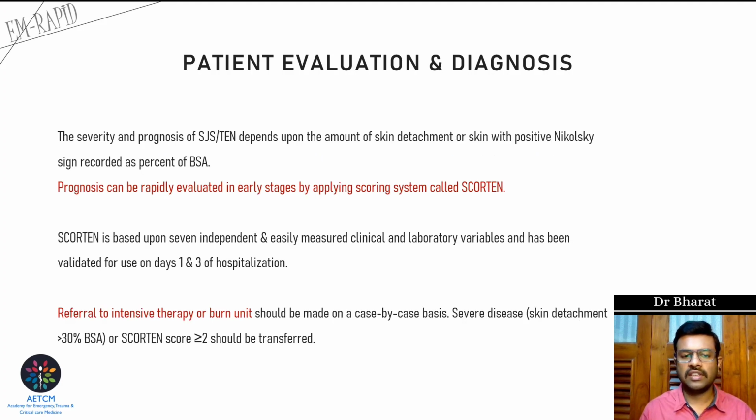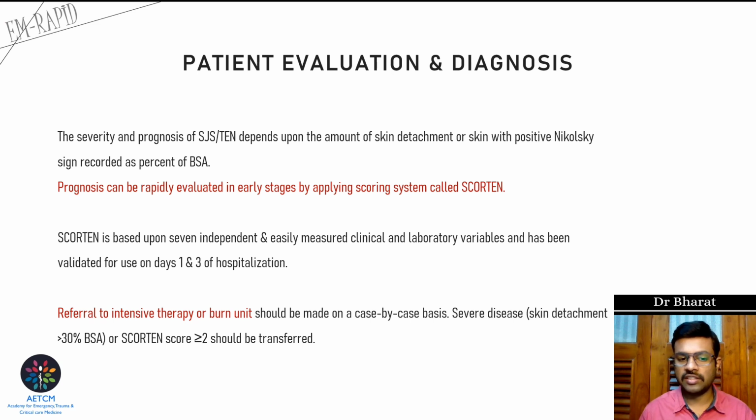The severity and prognosis of SJS/TEN depend upon the amount of skin detachment, or skin with positive Nikolsky sign, in comparison to the body surface area. Prognosis can be rapidly evaluated in early stages by applying the scoring system called SCORTEN. SCORTEN is based upon 7 independent and easily measured clinical and laboratory variables and has been validated for use on days 1 and 3 of hospitalization.